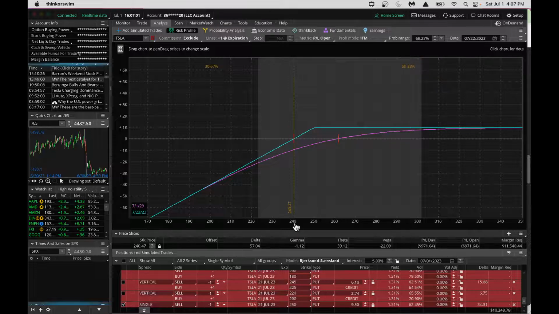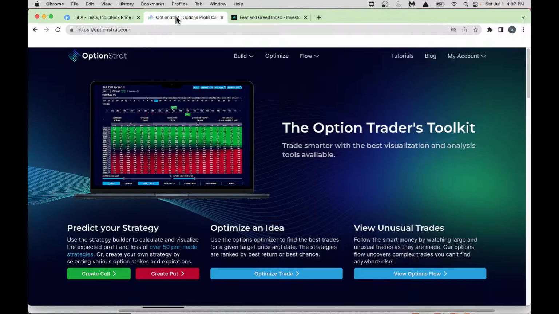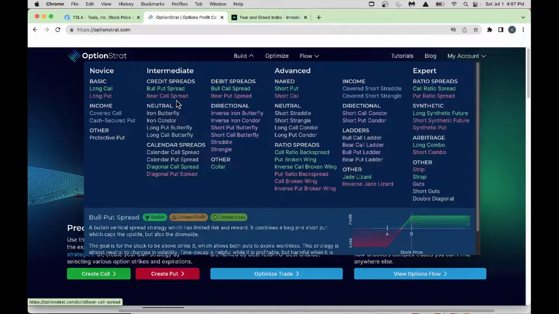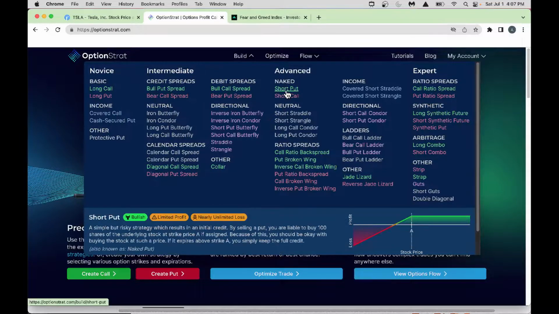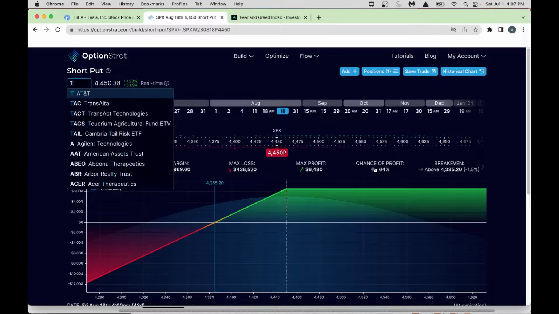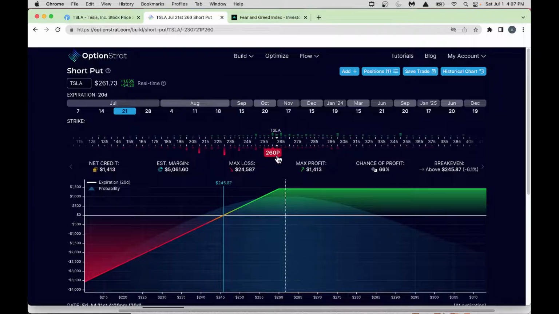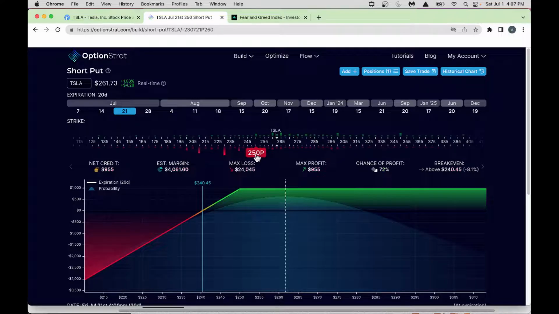All right, you could also go into my favorite tool here, Optionstrat, and do the same thing. You could go here and say bull put. Let's see here. We could go into the short put, as you can see, and bring up Tesla. All right, Tesla, and we are looking at July 21st and the 250 put right here. There you go.